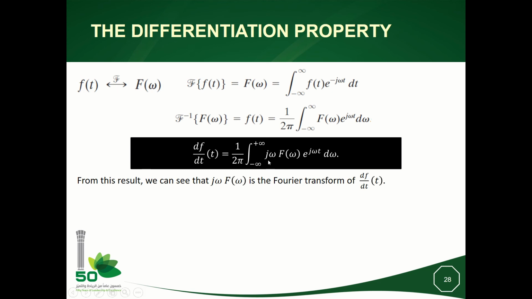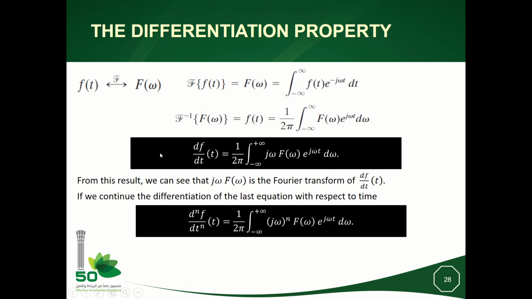So here we see that j omega times F of omega is the Fourier transform of df over dt, because this is by definition the inverse Fourier transform of j omega times F of omega.